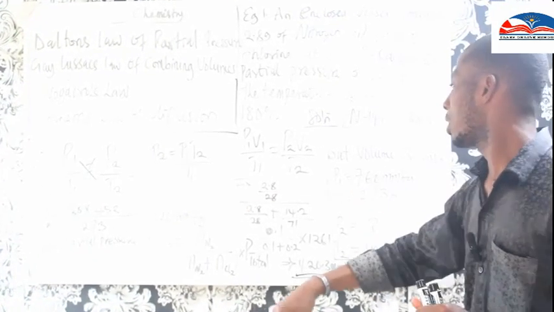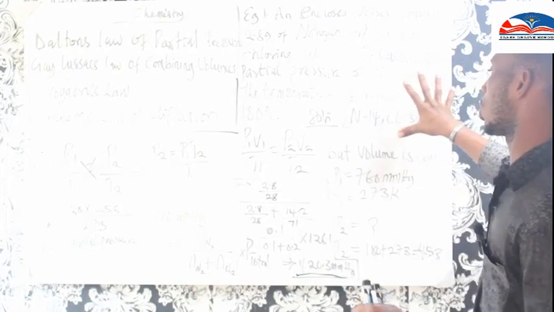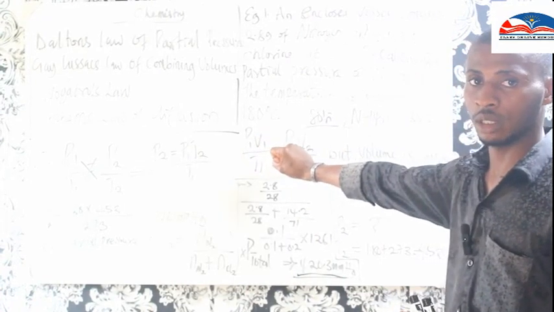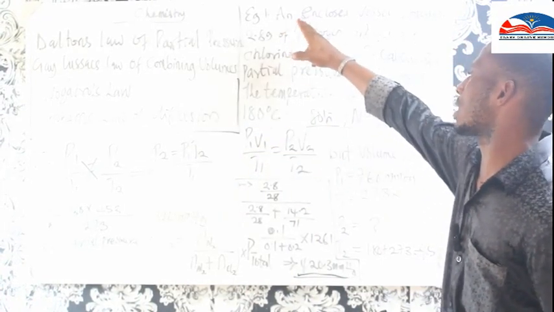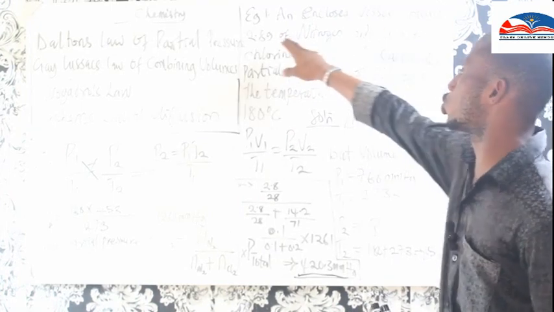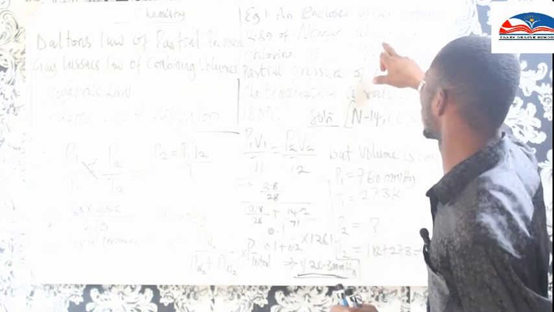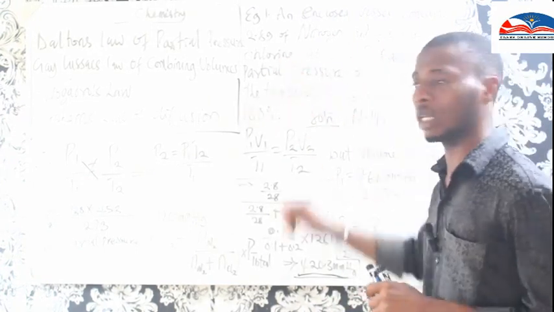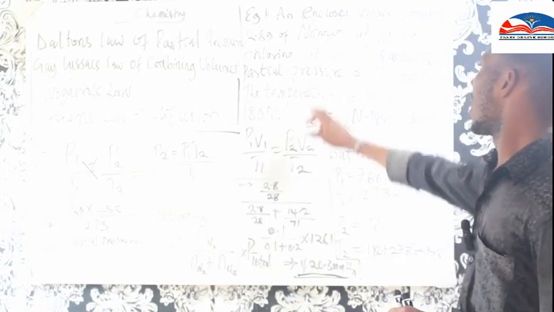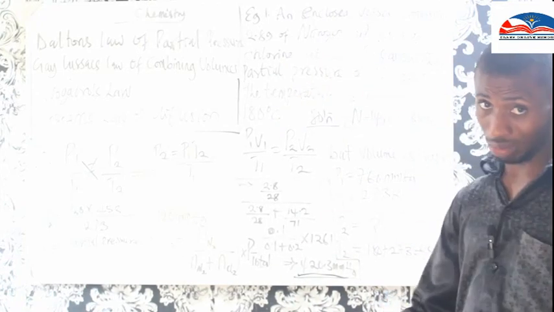Just follow me gradually as I rephrase it. So let's go back. If you understand this question, this is the formula for it. The question says an enclosed vessel contains 2.8 grams of nitrogen, and also 14.2 grams of chlorine, at standard temperature and pressure.